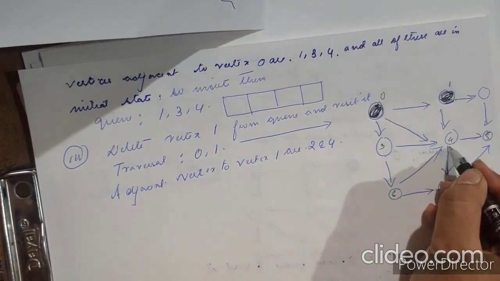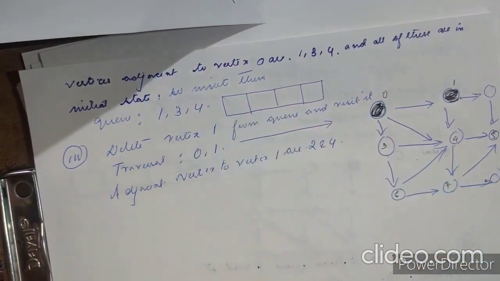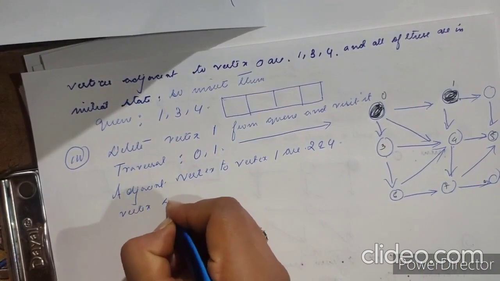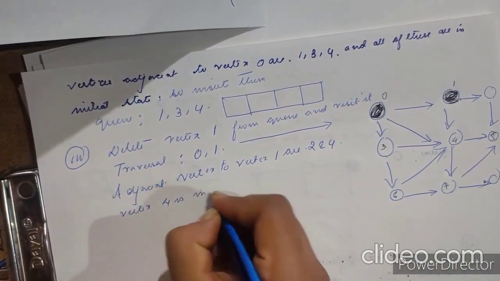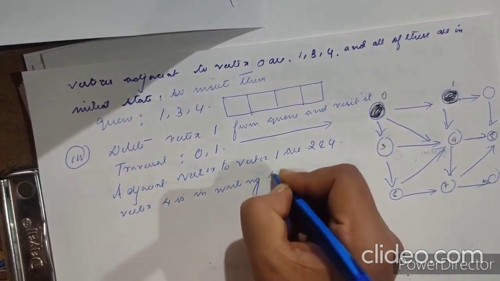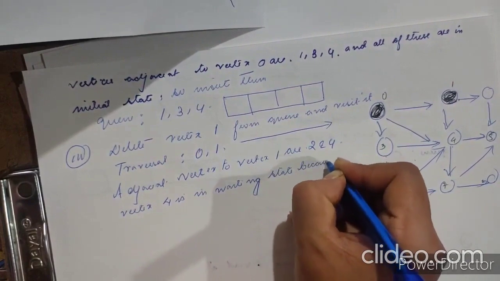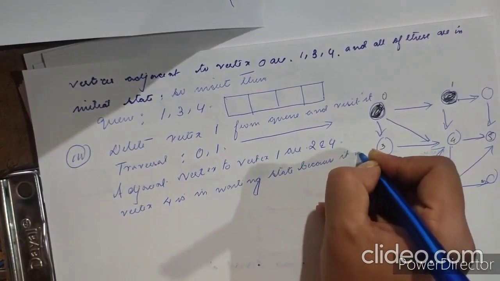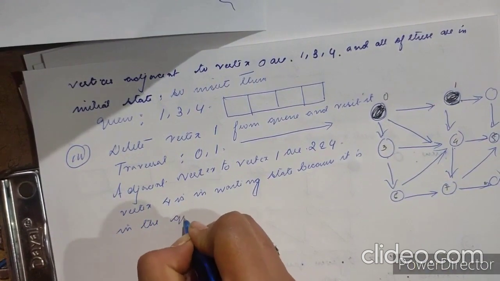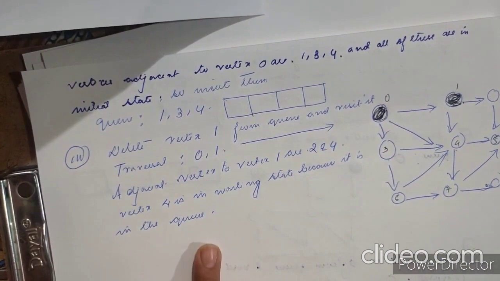Vertex 4 here is in the waiting state because it is already in the queue, so it is not inserted into the queue again.